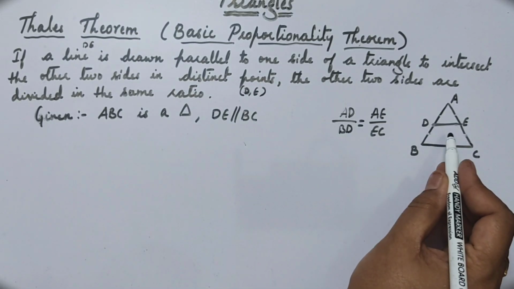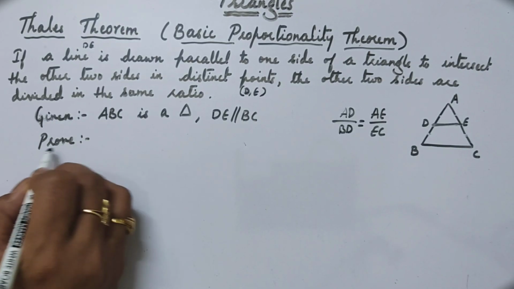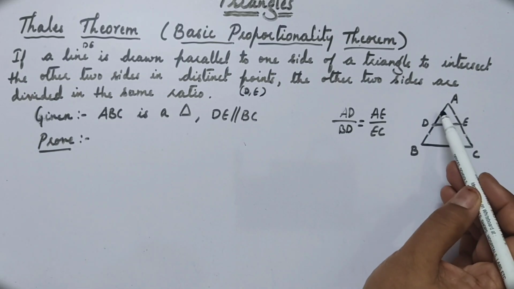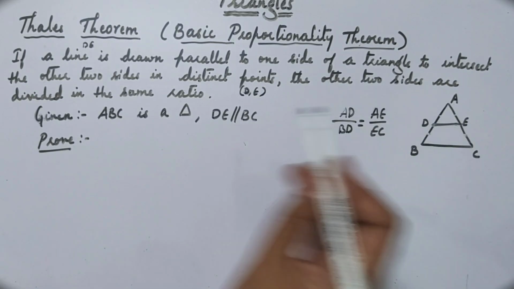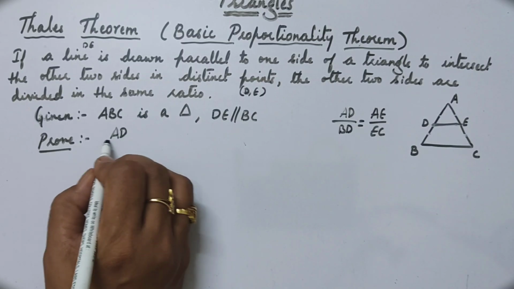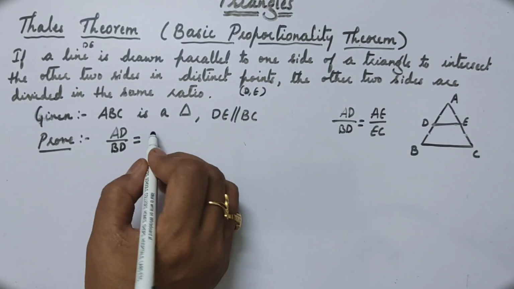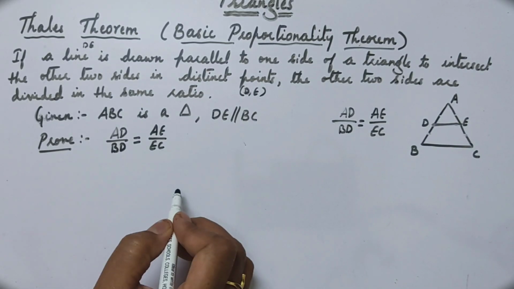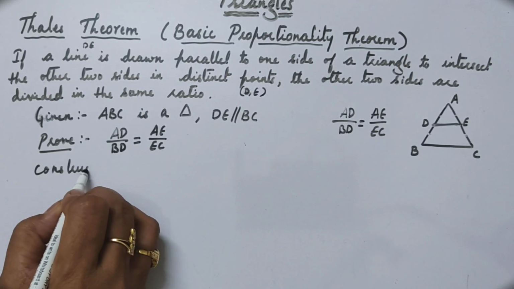Now what we need to prove, as I said, is that these two sides are divided in the same ratio. I can say what is the ratio here? AD by BD equals AE by EC, students.